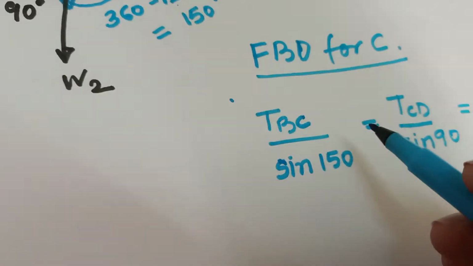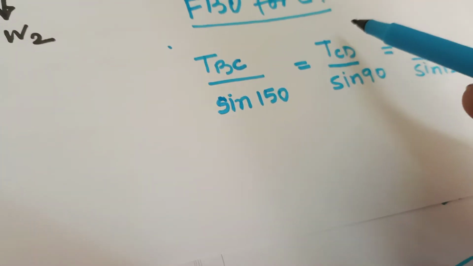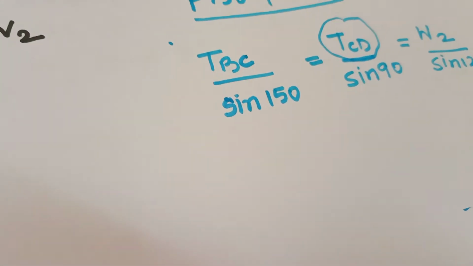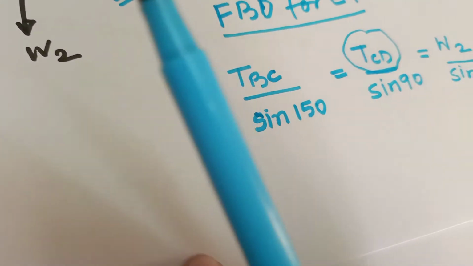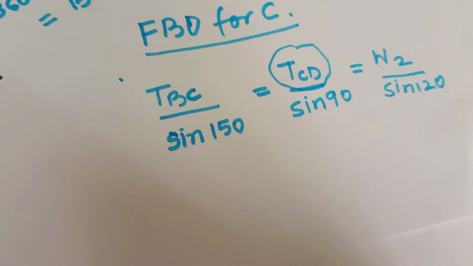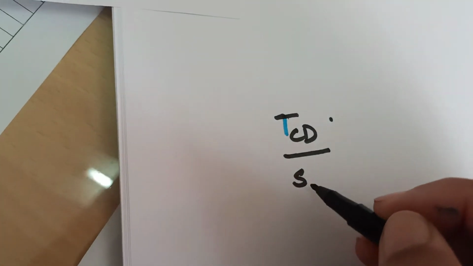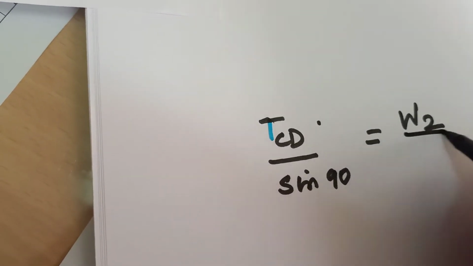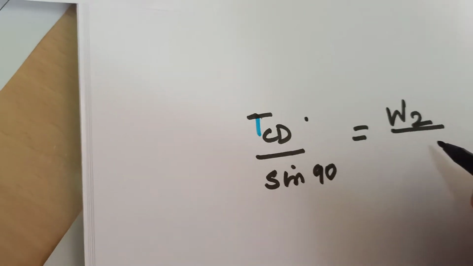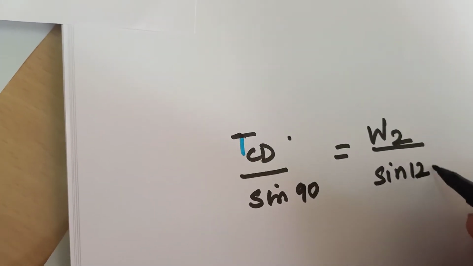Now in the equation number 2, I have the value of CD. Okay, so what we can do is we can apply the equation as TCD upon sine 90 is equal to W2 upon sine 120.